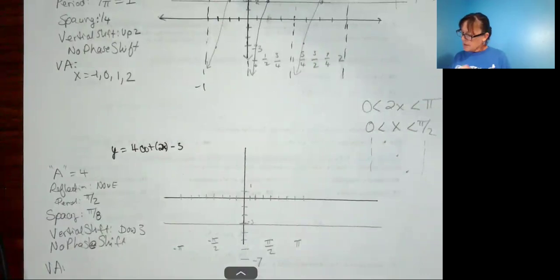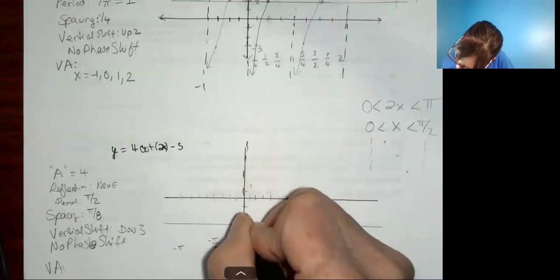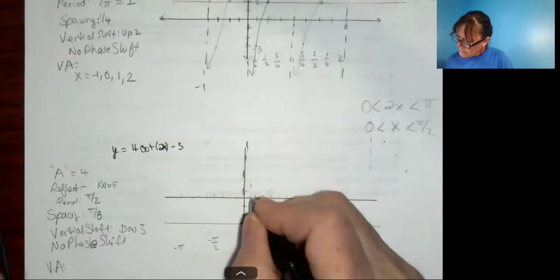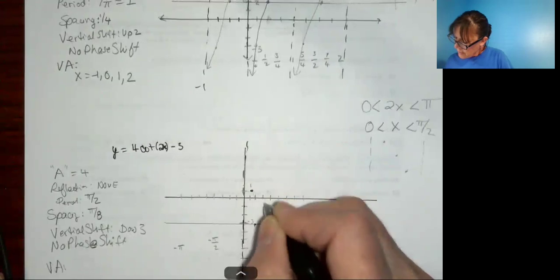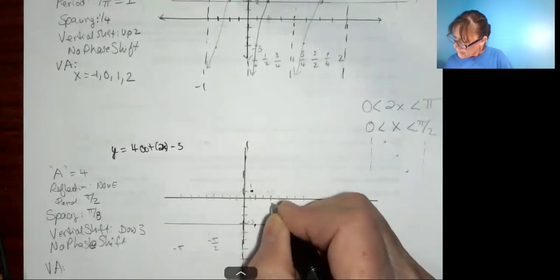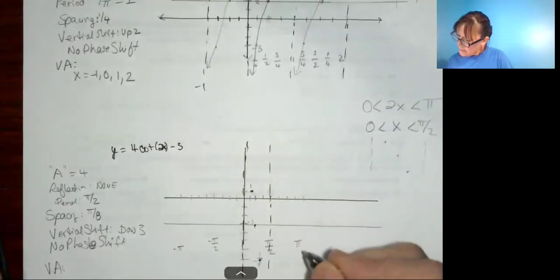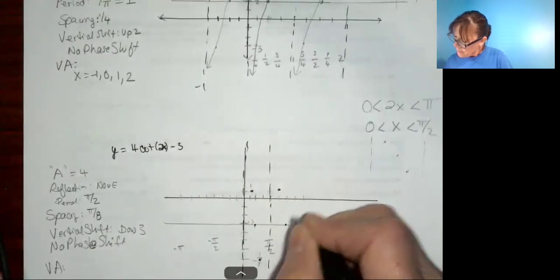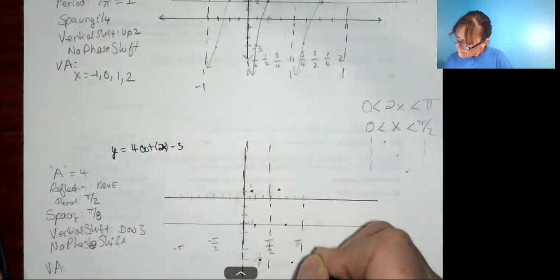So it's going to be asymptote at 0. High is going to be the first spacing over, which is going to be at 1. Middle, low, asymptote, pi over 2. And then it goes high, 1, middle, low, negative 7, and then it goes asymptote.